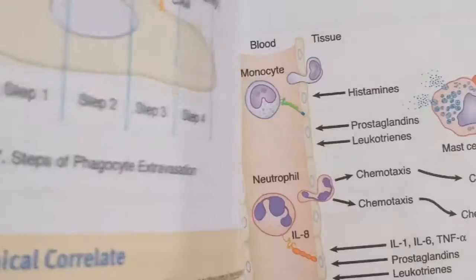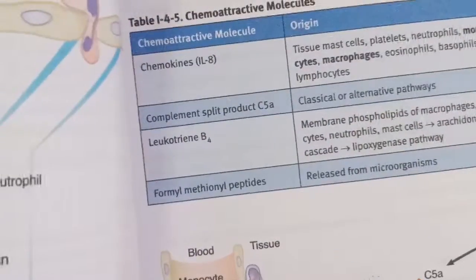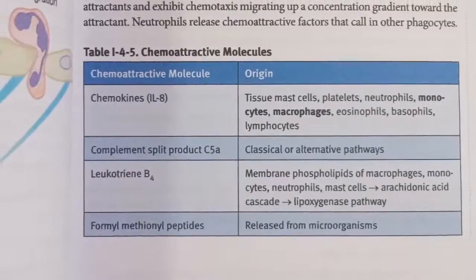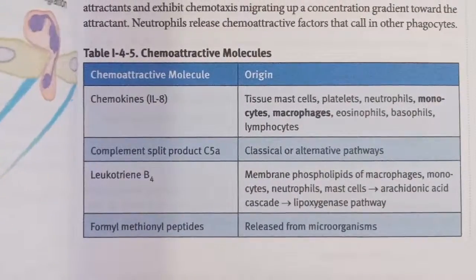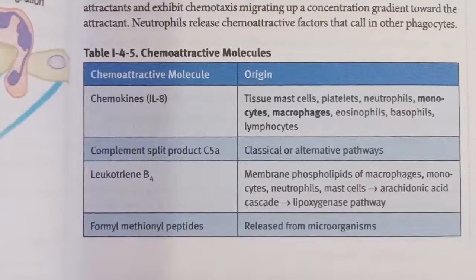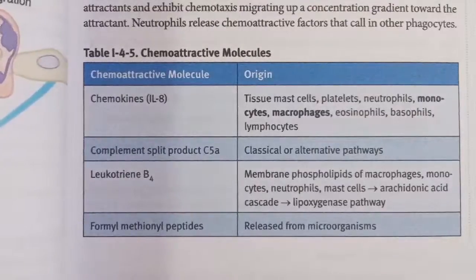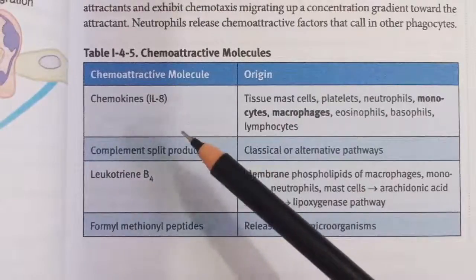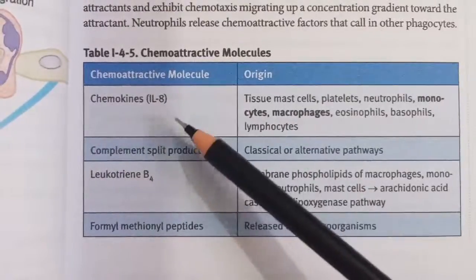Let's look at some of the chemoattractant molecules we talked about a few minutes back. Here we can see the chemoattractant molecules chart from Kaplan Immunology. They talk about interleukin 8.